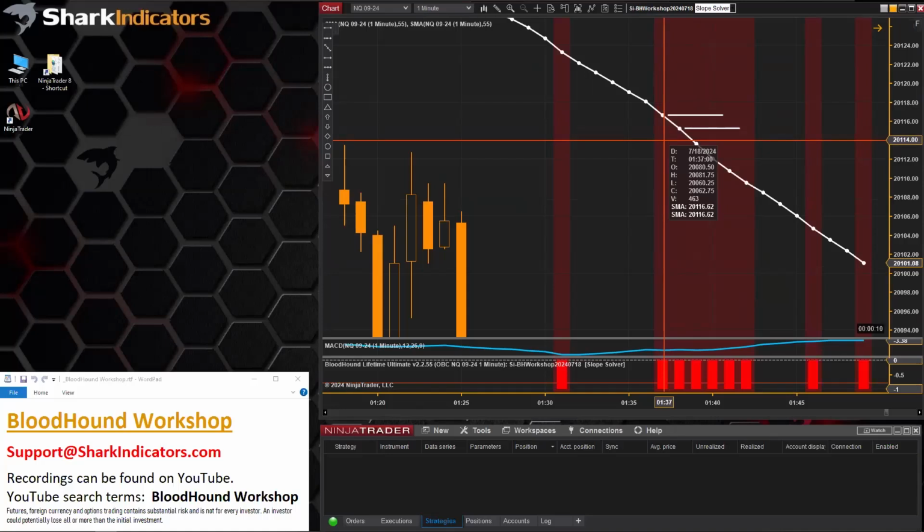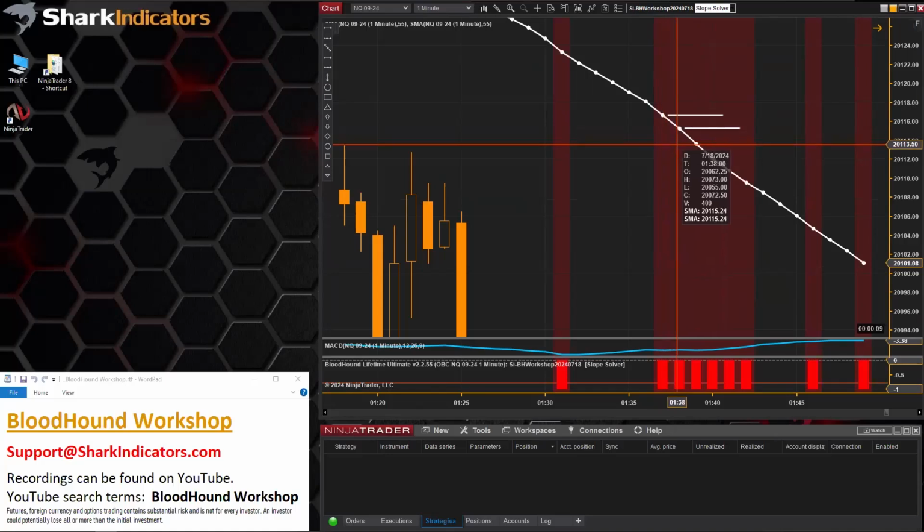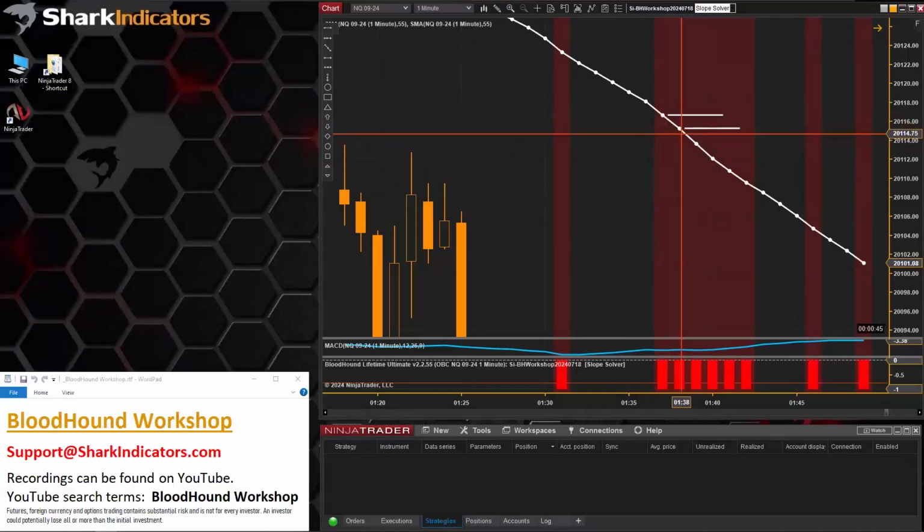Well, actually, let's look at this. So 1524 to 1662. Yeah, so that's a little more than 5 points. Right? Just a tad bit more than 5 points. Or 5 ticks, sorry.